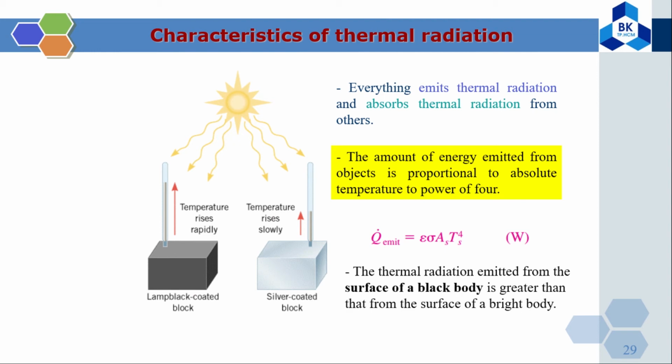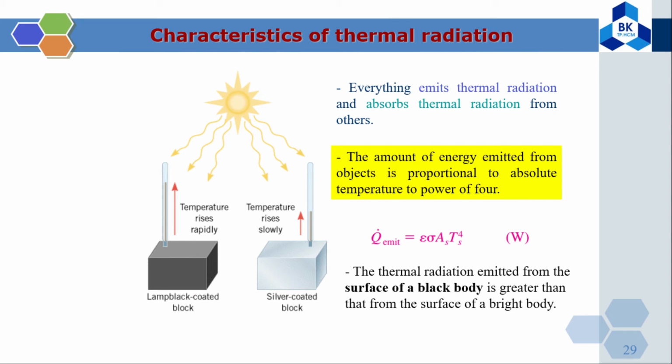For thermal radiation, everything emits thermal radiation and absorbs thermal radiation from others. I mean, you do these two processes simultaneously. The amount of energy emitted from an object is proportional to the absolute temperature to the power of 4.